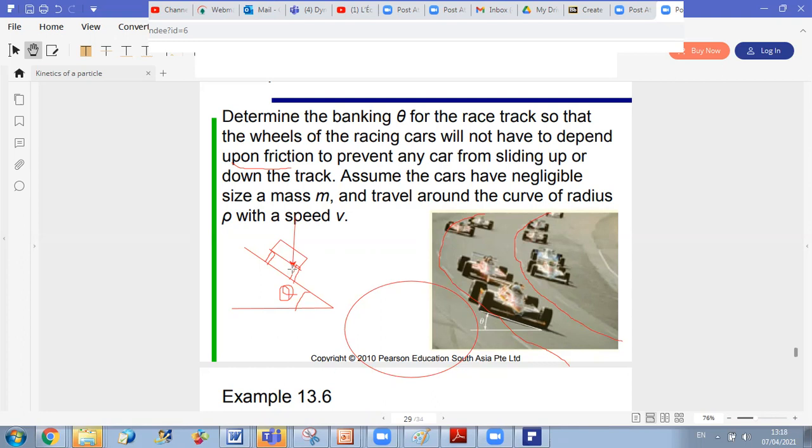Reaction, yes, exactly. The reaction of the ground on the car is inclined, because the reaction is always perpendicular to the contact.